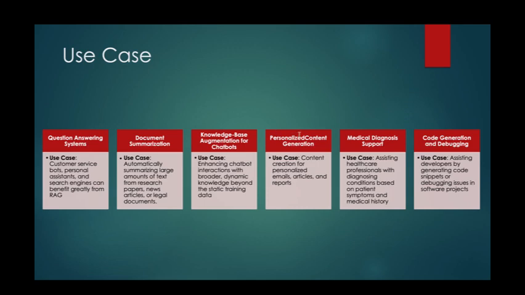Instead of relying solely on the pre-trained model's knowledge, which might be outdated or limited, RAG allows the model to retrieve real-time information from relevant documents or databases before generating a precise answer. This makes it possible to answer more complex, niche, or real-time questions.